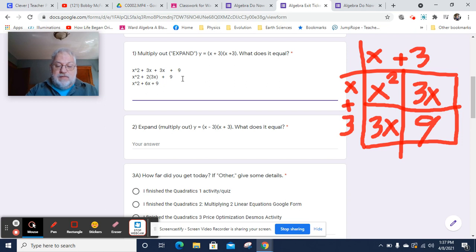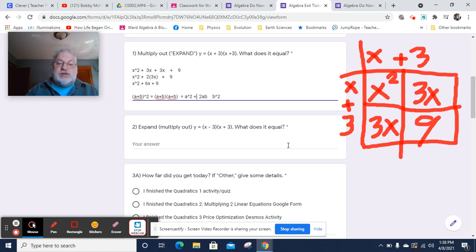If you have this structure, a plus b squared, which is the same as a plus b times a plus b, you've got a squared at the beginning, you've got my x squared there, you've got b squared at the end, but then we're going to be doing a times b and a times b again, so really you have 2 ab's in the middle.